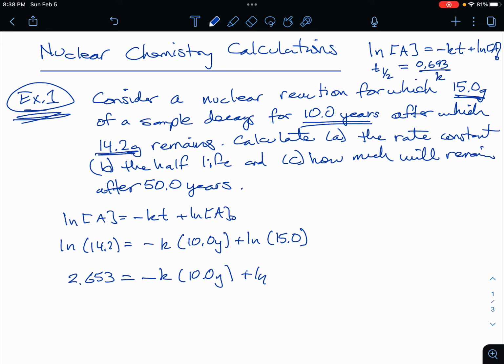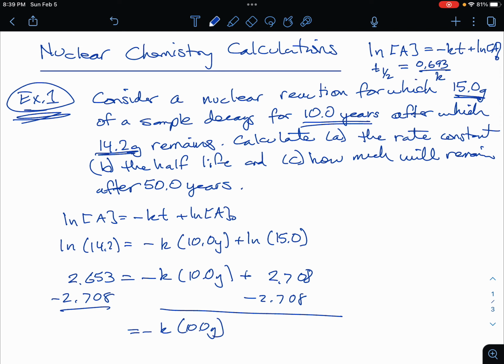We punch that through the calculator. Let's just simplify it: ln of 15 is 2.708. Now we're going to subtract 2.708 from both sides, which leaves us negative k times 10 years.